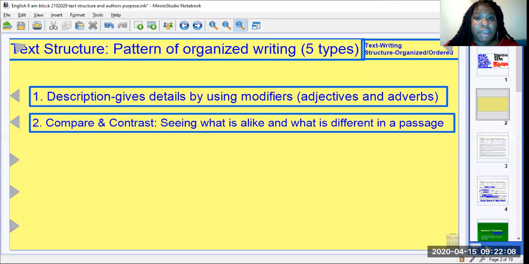So remember, compare and contrast is simply seeing what is alike and what is different in a story, in a poem, in the movies we watch, like the sequels, such as Rush Hour 1, 2, and 3, for example. All the movies are different, but they still have the same characters.